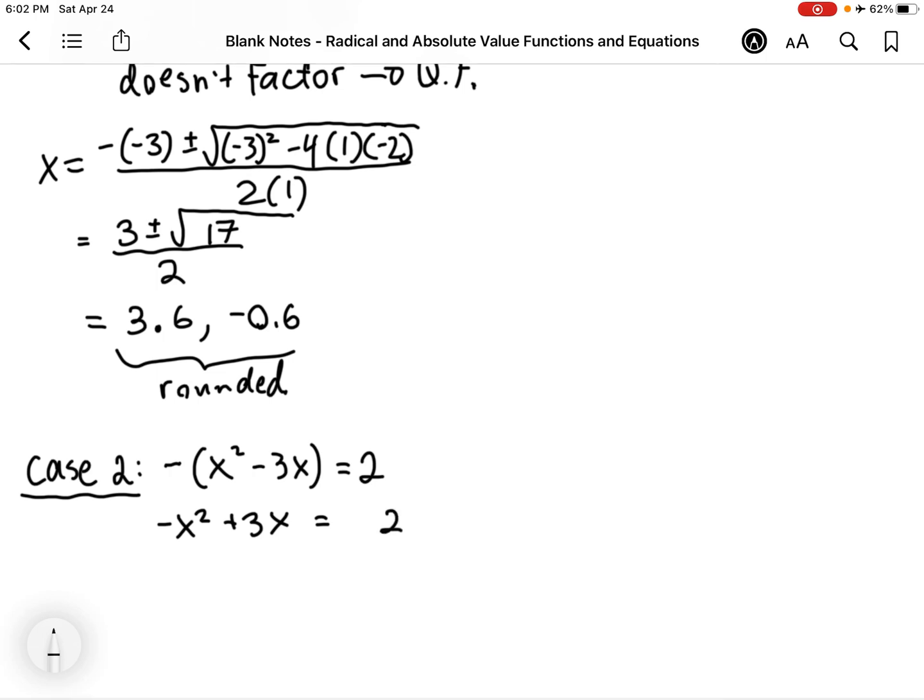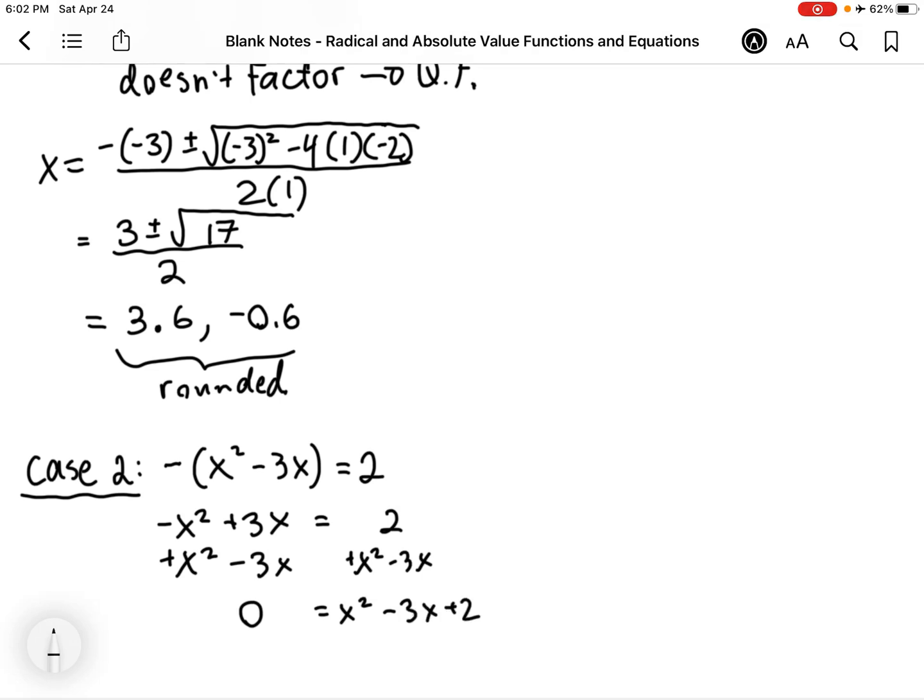And I think what I'll do, again, this is quadratic, we got to solve it. I'm going to move everything on the left to the right so that the coefficient of x squared is positive. So I'll add x squared and subtract 3x on that side. And I'm going to end up with 0 equals x squared minus 3x plus 2.